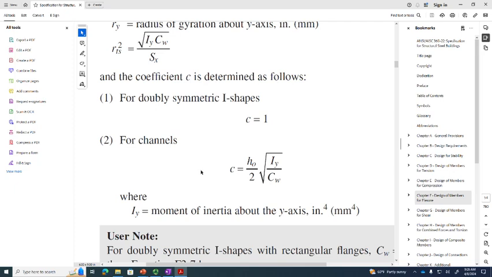If you're dealing with something like a channel, you calculate C, but pretty straightforward. We're just restricting our discussion to W shapes, and since W shapes are symmetric this way and that way, then C is 1. So that's why we're just taking it. Everybody good with that? Sound good? Okay.